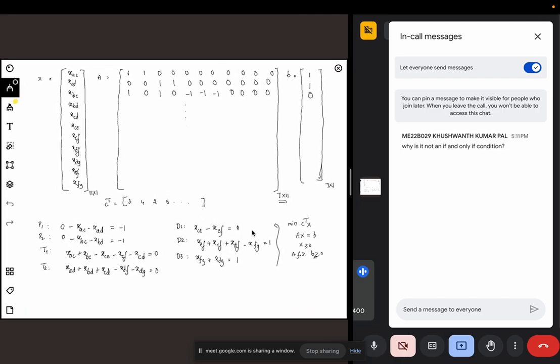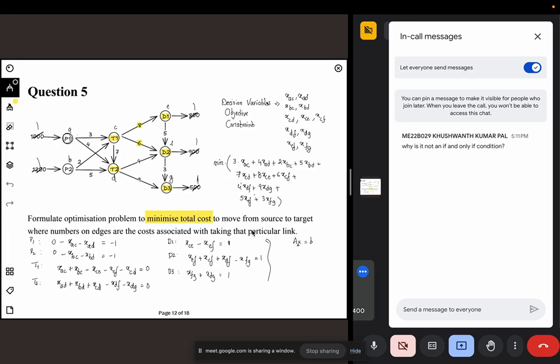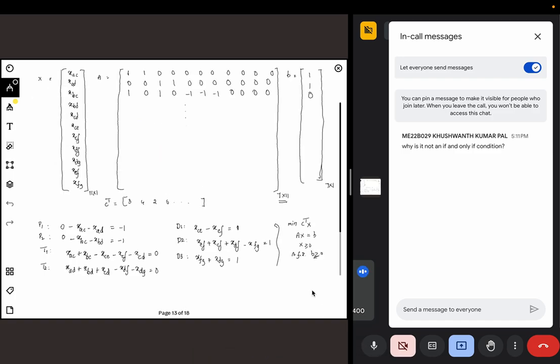This is what we got, something like this, right? It's similar to this problem. I have certain nodes and some edges, and I wrote down all the equations. You can see my screen now, right? When we wrote the equations, we got something like this.